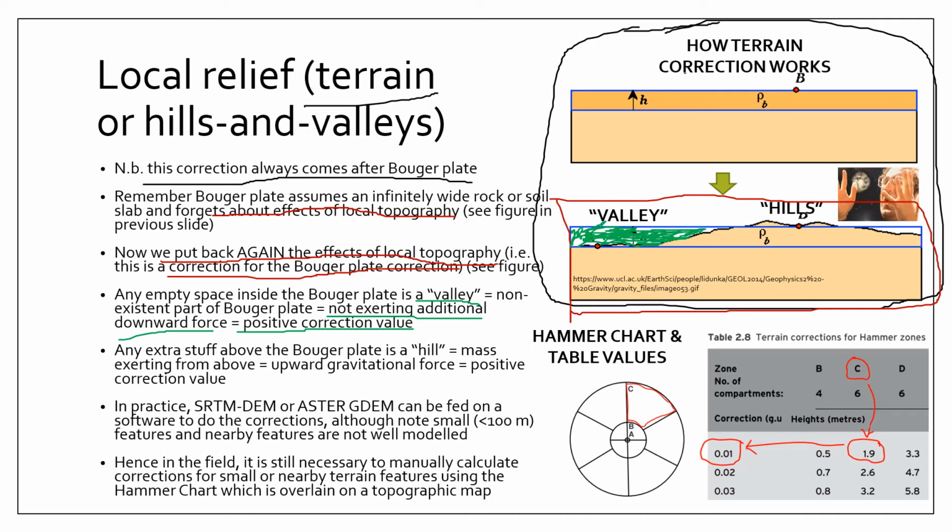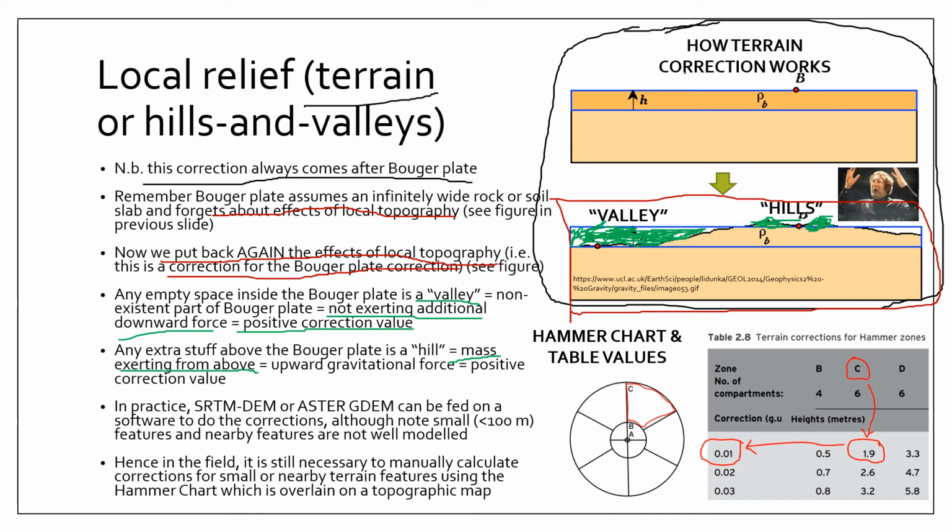And then let's go back again to the figure, and if you look at this part, on top of the Bouguer plate, you also have extra stuff here. You have extra stuff on top of your Bouguer plate. Okay, you have an extra mass, and it is located above, and it's exerting a force from above, so it is technically pulling you up, right?